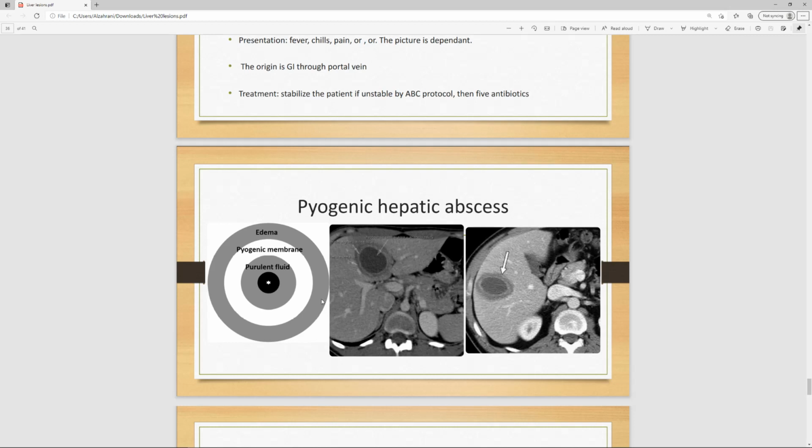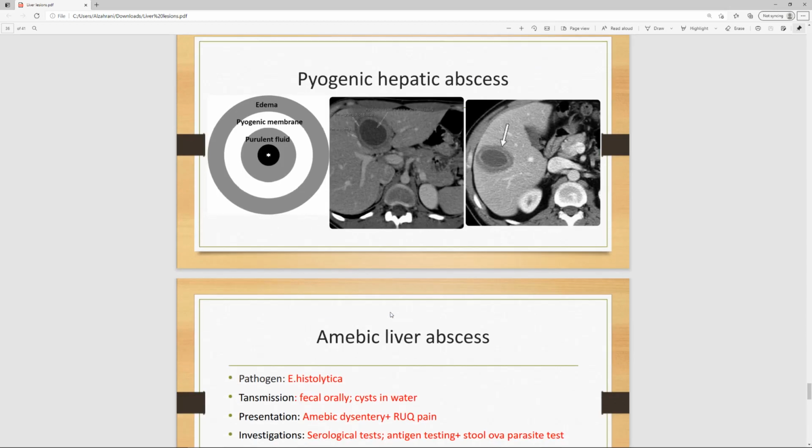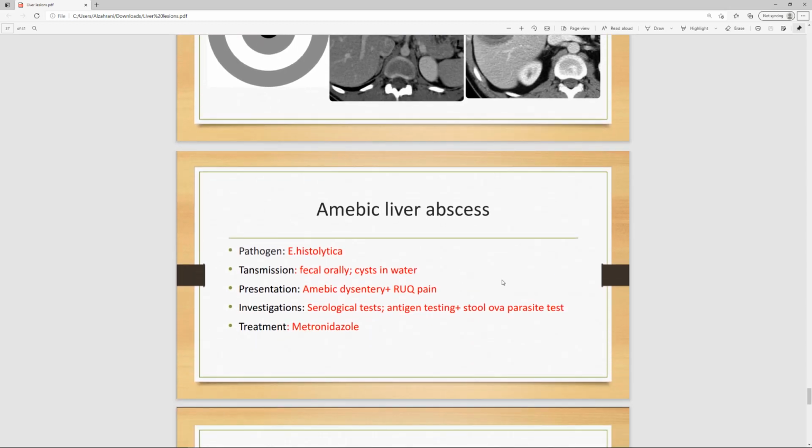This is a characteristic of pyogenic bacterial infection. Amoebic liver abscess. It is caused by Entamoeba histolytica, parasites transmitted fecal orally, cyst in water, like other pathogens.